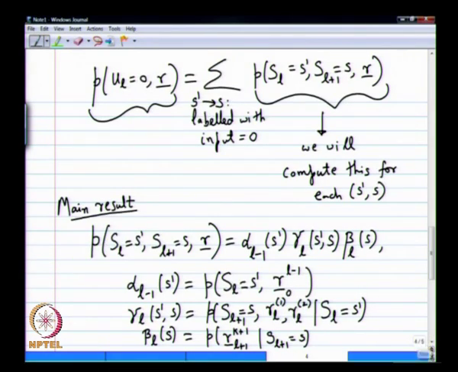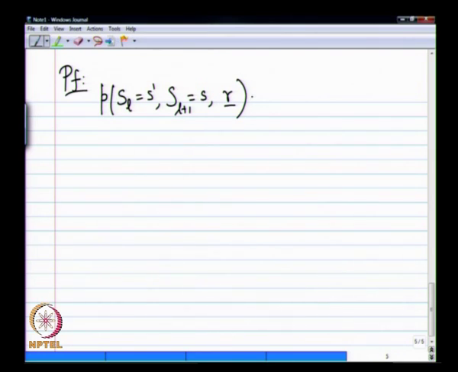And I want to use some Markov type property. So the first step is to write down, instead of writing SL equals S prime, SL plus 1 equals S, I will simply write S prime comma S. When I say S prime, it means SL equals S prime. The second one, S, means SL plus 1 equals S. Just to make my notation simple.